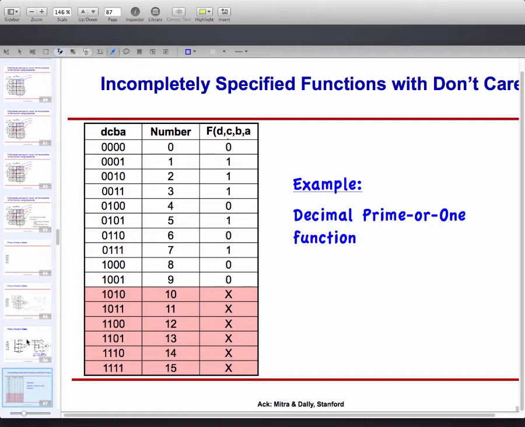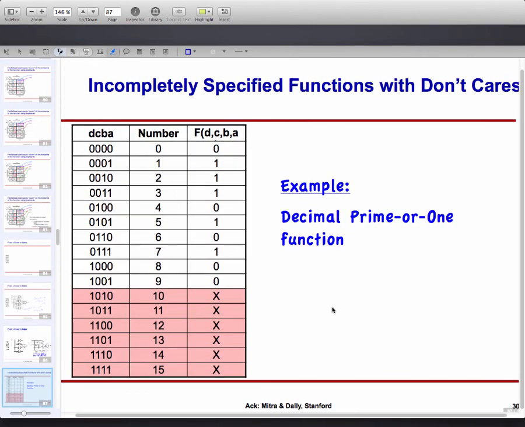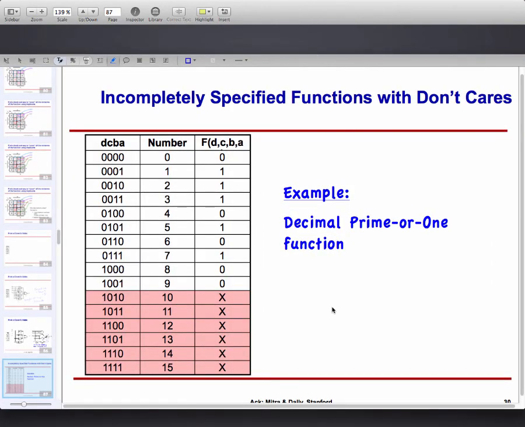Let's imagine we are doing the same thing out here. Again we are doing our favorite one-or-prime function, except that I tell you that the input will never be more than 9. The input would be 0 to 9, a decimal input, and the values corresponding to 10 through 15 in the 4-bit input will never occur.